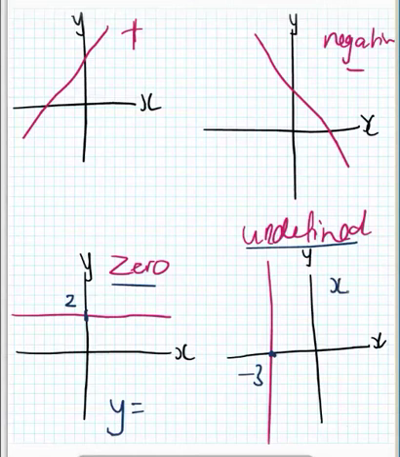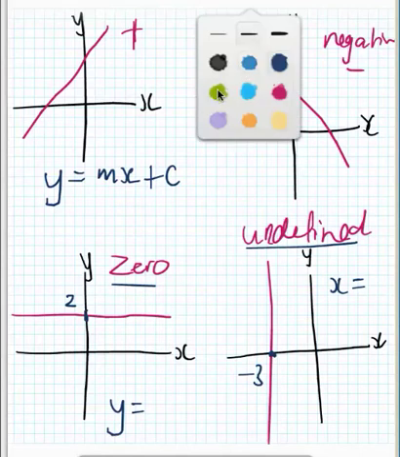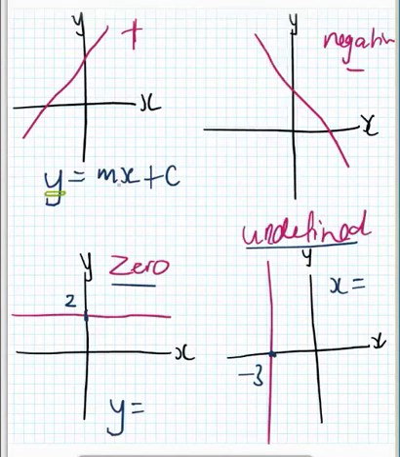These equations are special, they're a bit different. The positive and negative gradients have y equals mx plus c. We find m, we find c, and there's always going to be a y and an x for diagonal lines. Whereas for these ones, you can only have y equals something or x equals something.